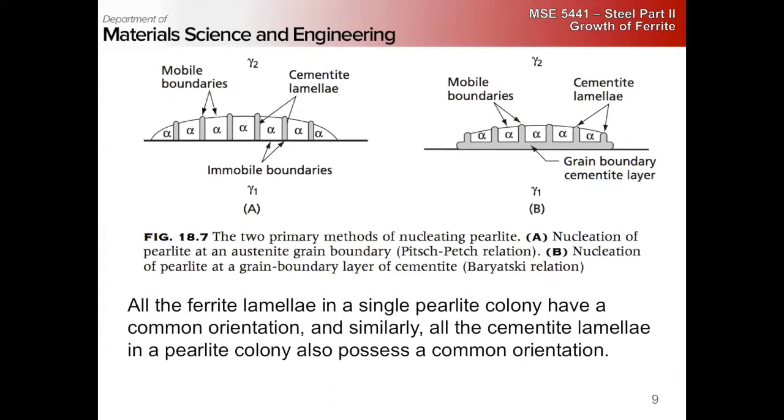And remember, if we're near the eutectoid or we're hypoeutectoid, we have a lot more ferrite than we do cementite. So ferrite will tend to be the percolating phase, right? Ferrite will be completely connected in most ferritic pearlitic steels, where the cementite lamella may not be connected to each other physically.